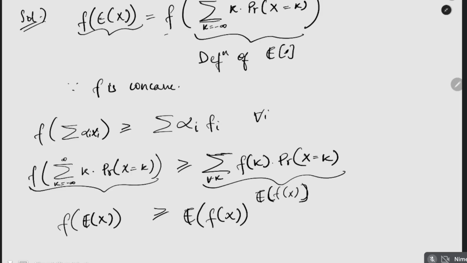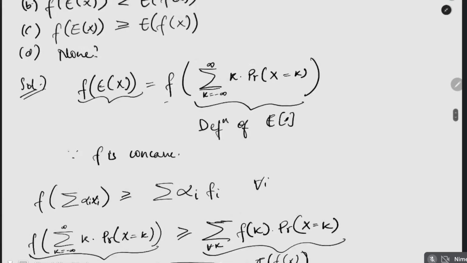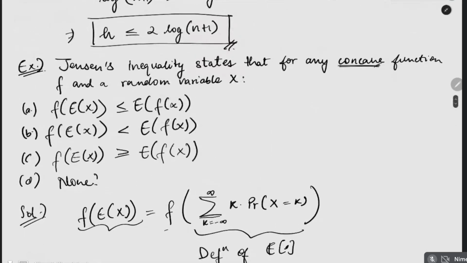The function's value is always greater than the value that it is evaluated at. So this will be the relation for concave functions, Jensen's inequality for concave functions. So the answer is C.